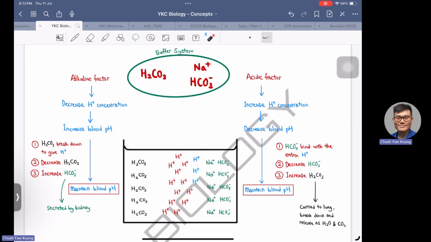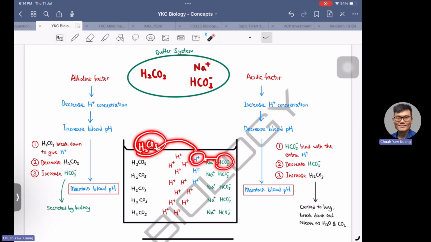How they are going to remove it will depend on the salt, the bicarbonate ion. The bicarbonate ion in the blood will bind with this extra hydrogen ion. After it binds with this extra hydrogen ion, it will become carbonic acid.